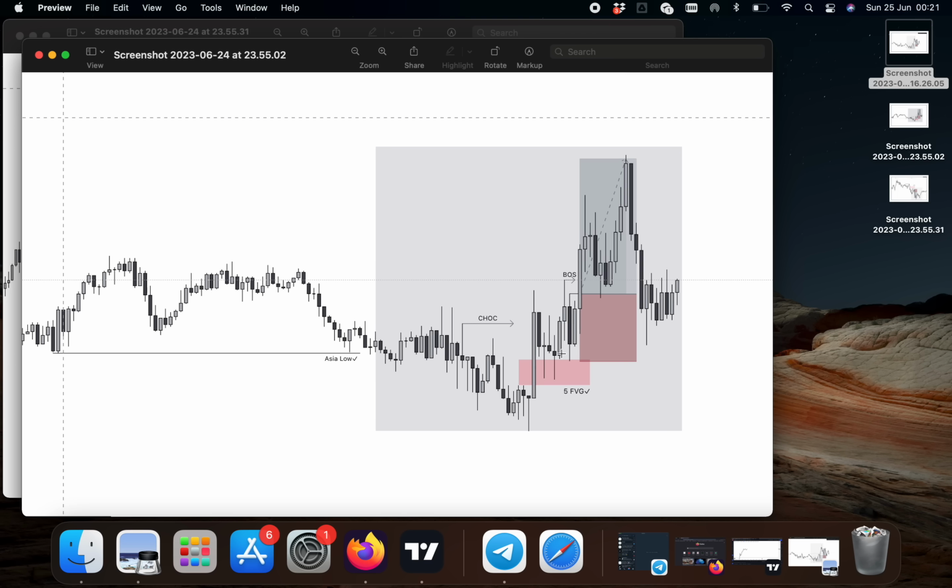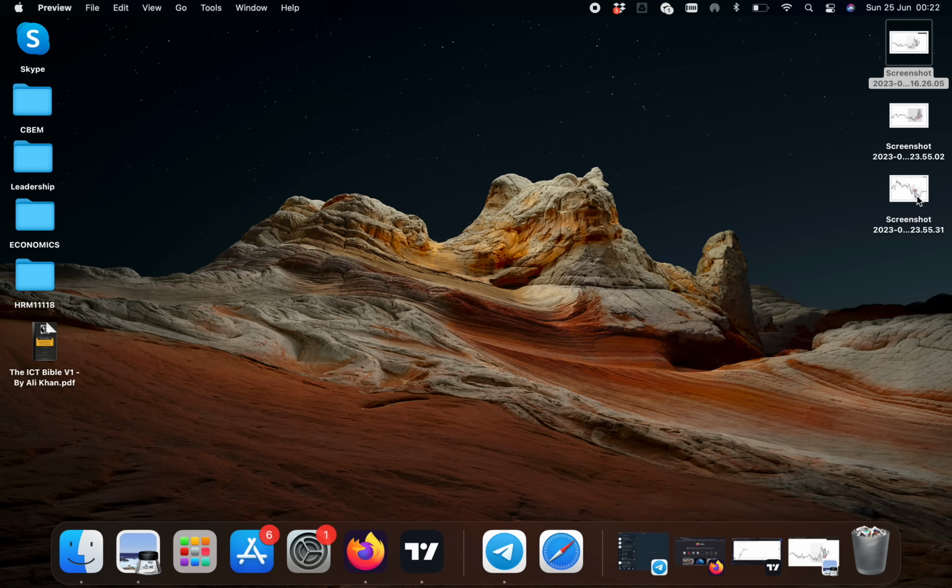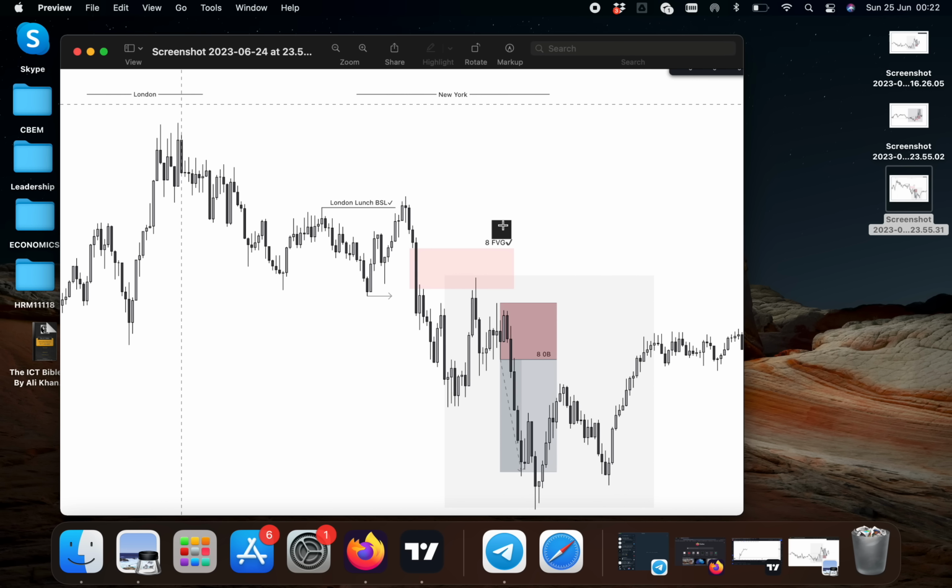So again, I took my range from this swing low to this swing high, and then my discount area was this entry, and then I aimed for my take profit in the premium zone. So it's quite simple on how you use it. There's not really much more to it other than this.